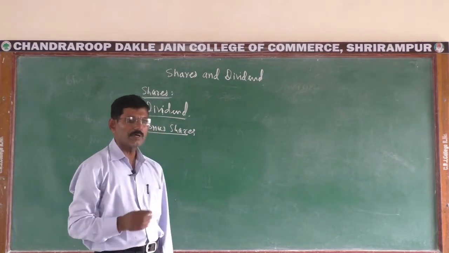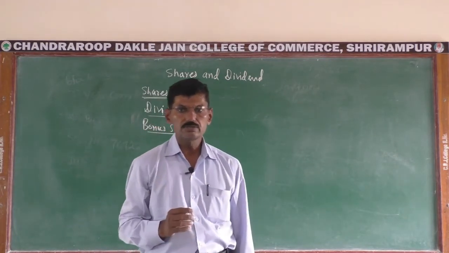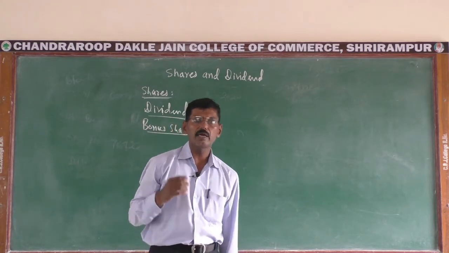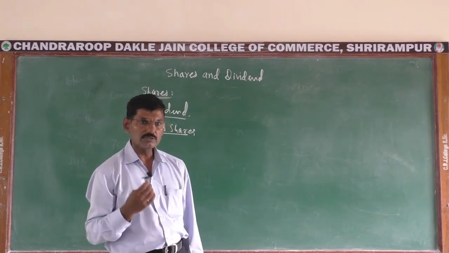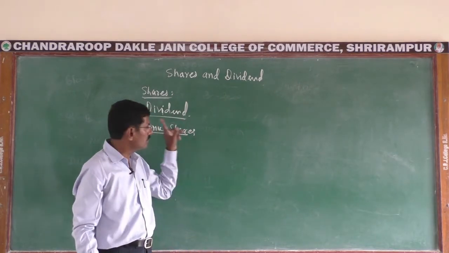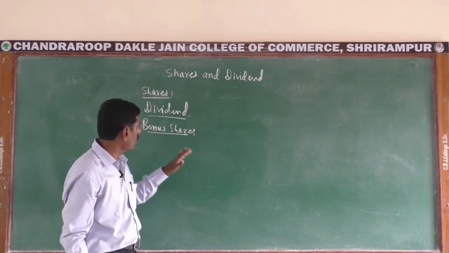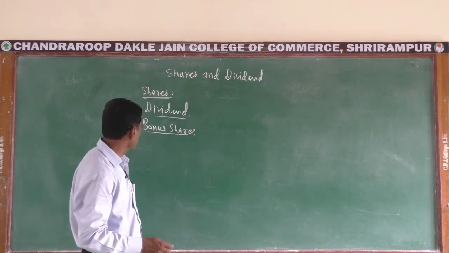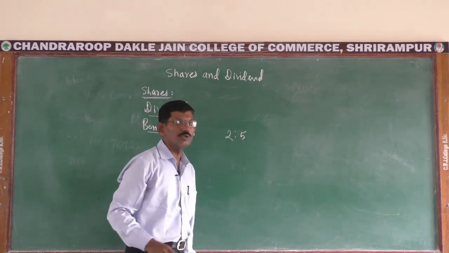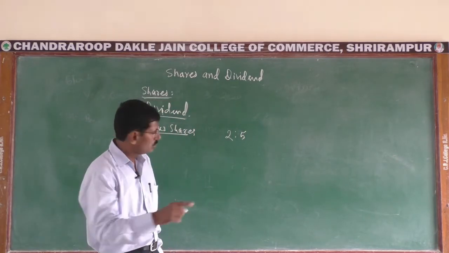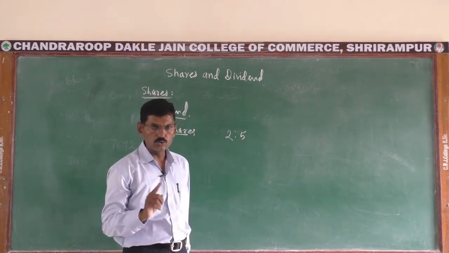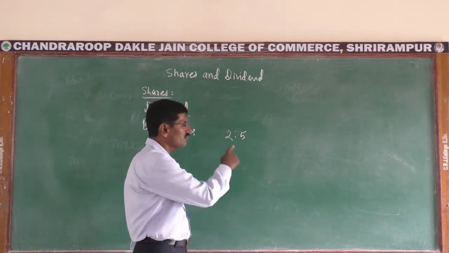And when a company earns profit sufficiently continuously, then the company makes a reserve, and from the reserve the company issues free shares to the existing shareholders, and these free shares are called bonus shares. For example, here the company issued bonus shares in the ratio 2:5. It means 2 bonus shares for existing 5 shares, 2 free shares to the existing 5 shares.